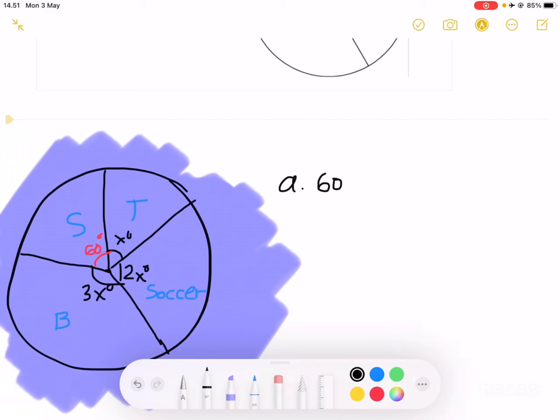We have 60 degrees plus x degrees plus 2x degrees plus 3x degrees, which all together make 6x degrees, is equal to the whole rotation, or 360 degrees. Which leaves us with x being equal to 50. So x here is equal to 50.